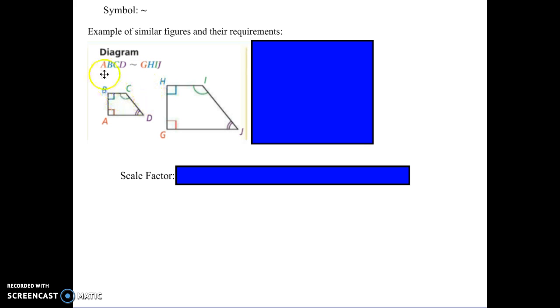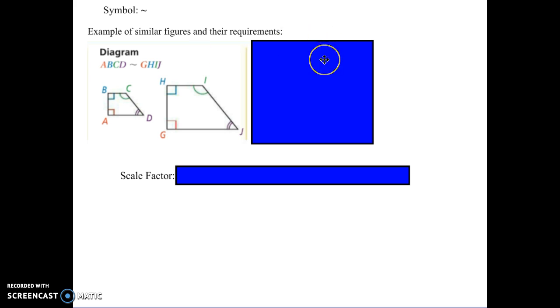Look for a second at this similarity statement. See how they're different colors: the first spot is in red, the second spot is in blue, the third spot is in green, and the fourth spot is in purple. That's important because the letters in the same spots when comparing the two figures are the corresponding pieces. So that means A and G correspond, B and H correspond, C and I correspond, and D and J correspond.